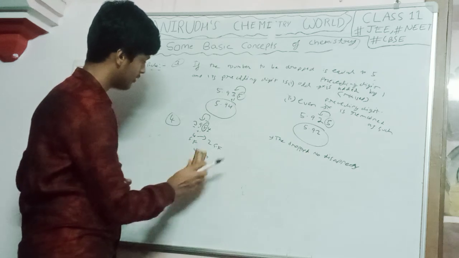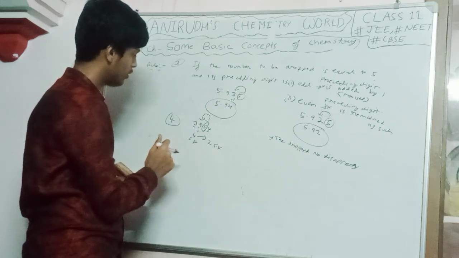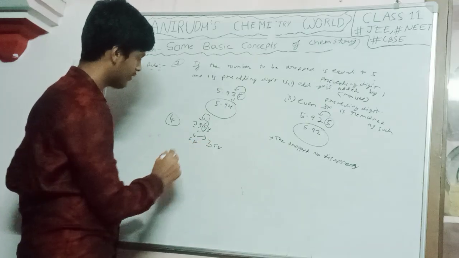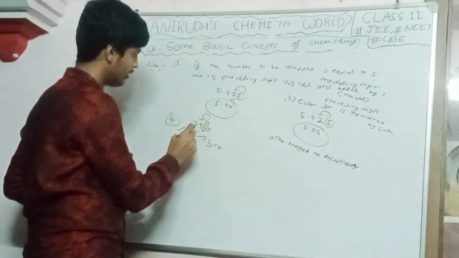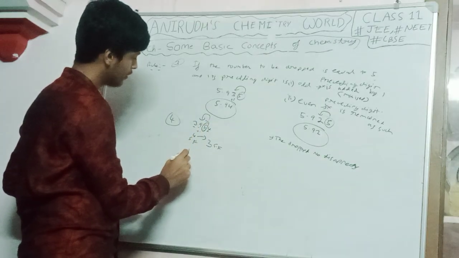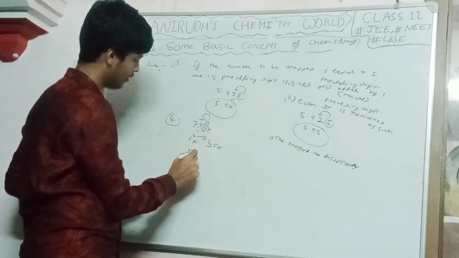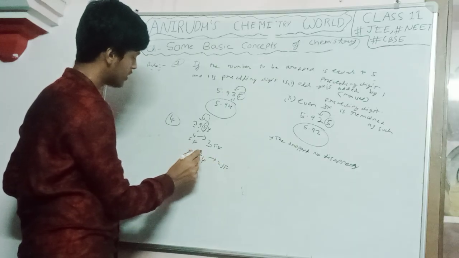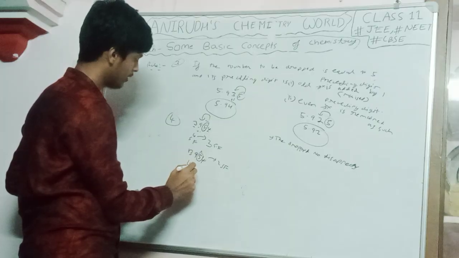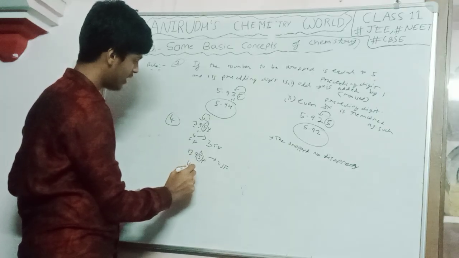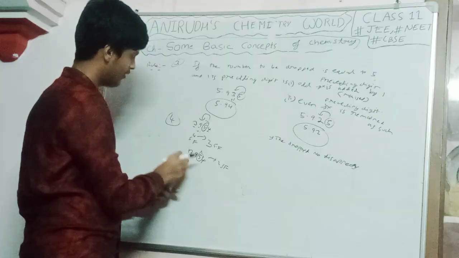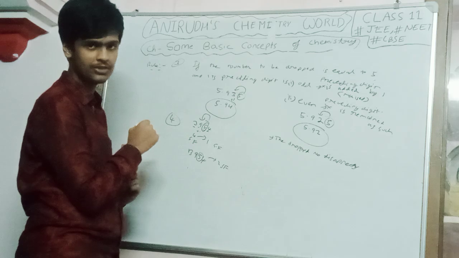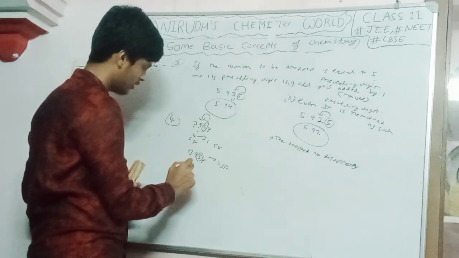No, not 4000, wait. It's not possible to get 2 significant figures here. Here's one catch. You can only make 1 significant figure in this case, that is 4000.